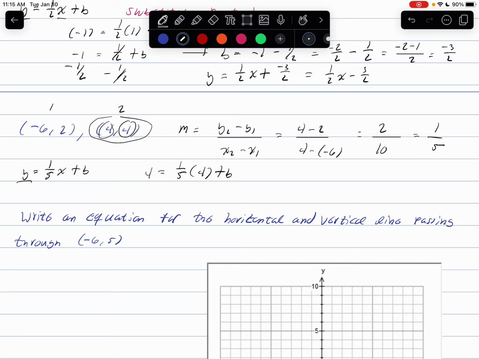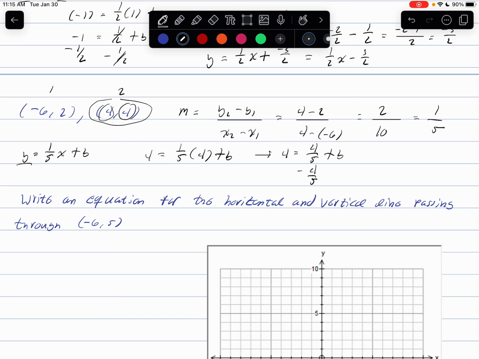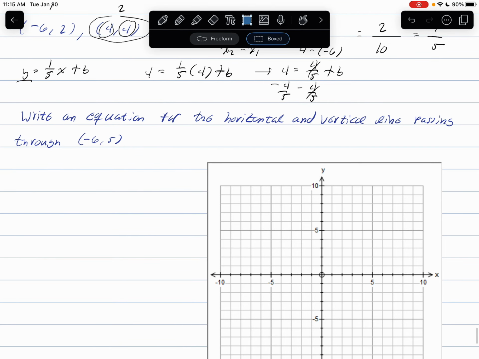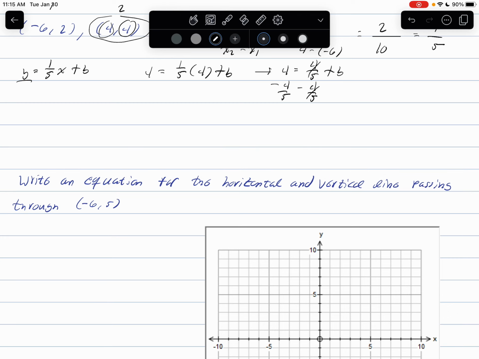All right, so from that, we can rewrite this as 4 is equal to 4 over 5 plus b. If we take away 4 over 5 from both sides, these will cancel. Let me move all of this so we have a little bit more room. That's going to give us b is equal to 4 minus 4/5. But we're able to write 4 so that it has a denominator of 5.